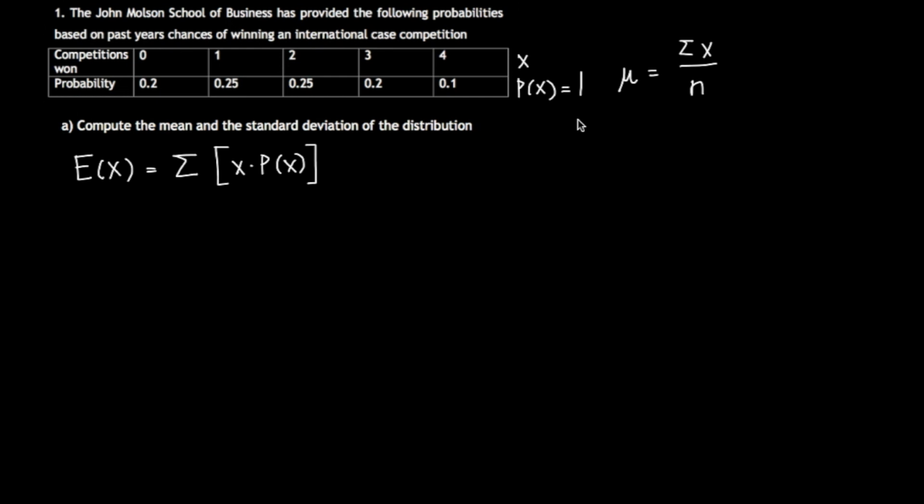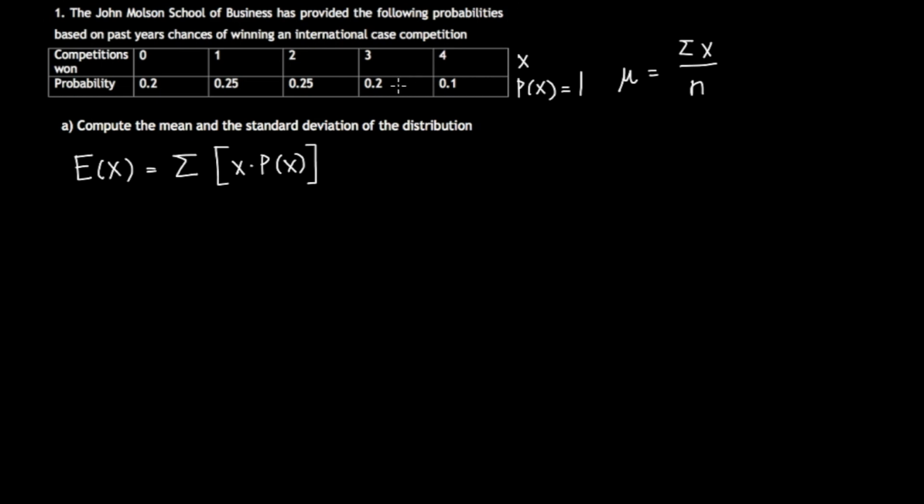We know that within a given year, there are 5 different types of outcomes. You can either win no competitions, 1, 2, 3, or 4. And each of these outcomes has a probability assigned to them. So let's say, for example, winning 4 competitions within this given year only occurs 10% of the time. Winning 3 competitions within the same given year can occur 20% of the time.